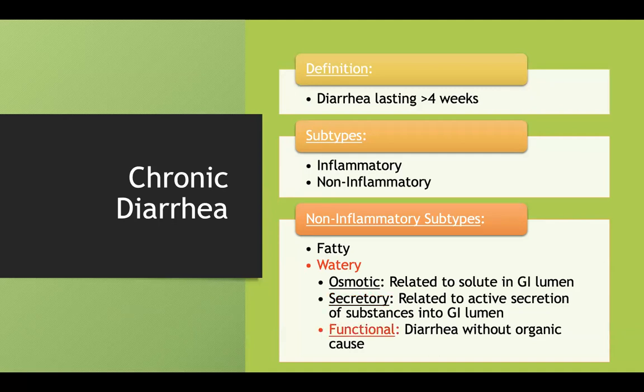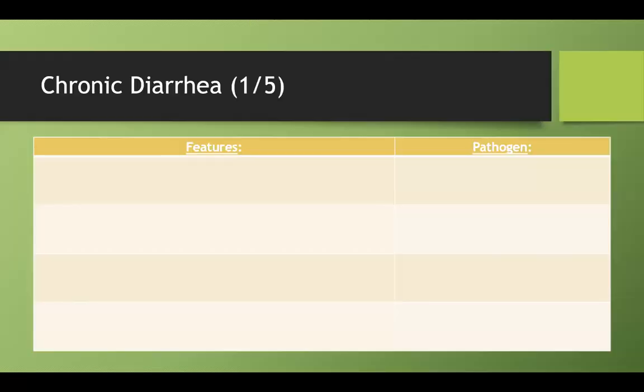And then a functional diarrhea, I didn't have a slide specifically. It's mostly a diarrhea without an organic cause. So it usually suggests something like irritable bowel syndrome more than anything. So let's do the same thing that we did with the acute diarrhea and run some sort of question and answer type format for this.